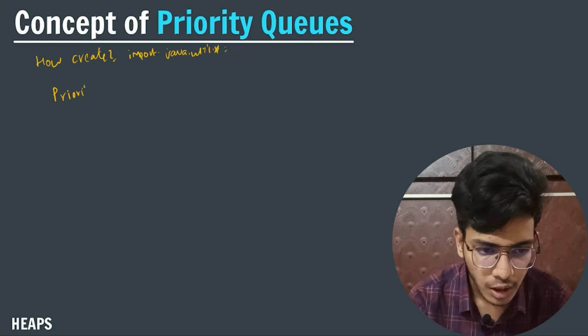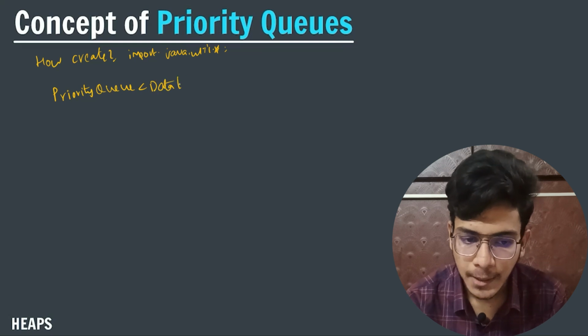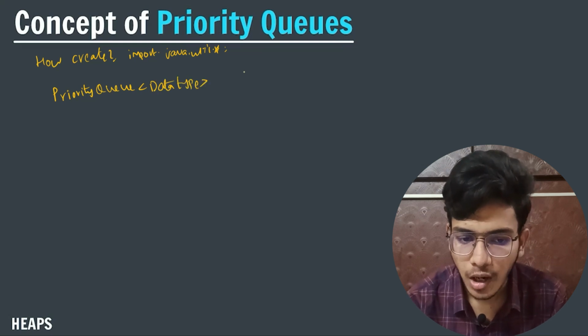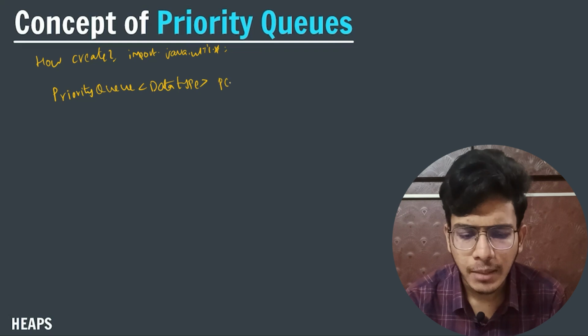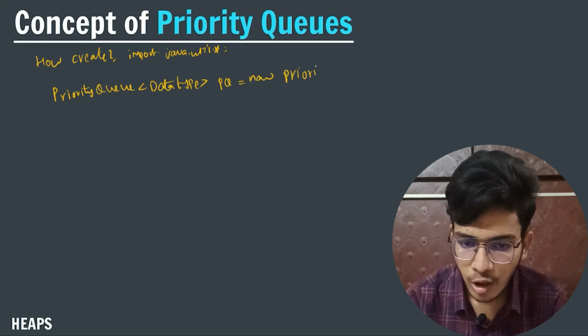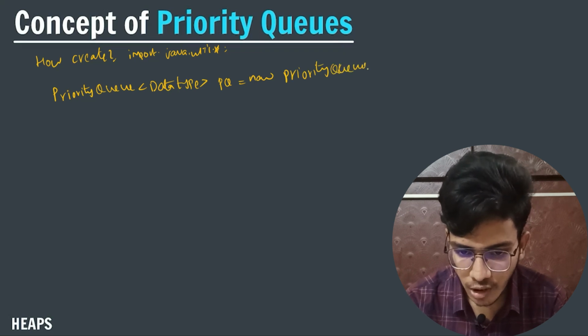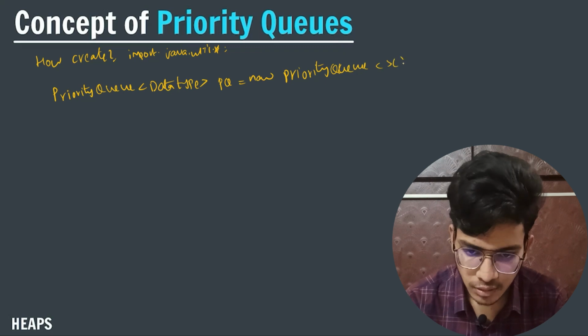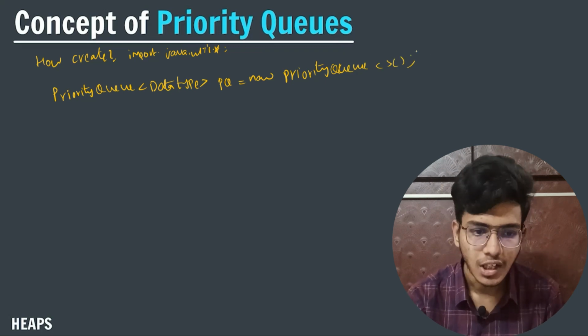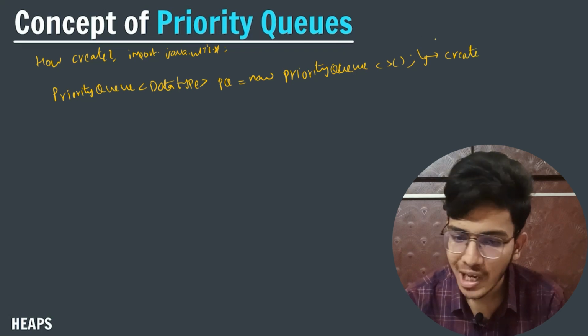I will write PriorityQueue, then the data type, whatever data type I am using. After that I will write my name, let's say pq is equal to new PriorityQueue, with angular brackets and then parentheses. So this is how I will create my priority queue in my Java program.